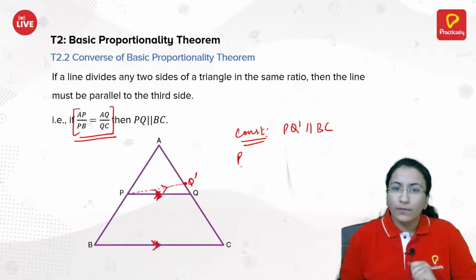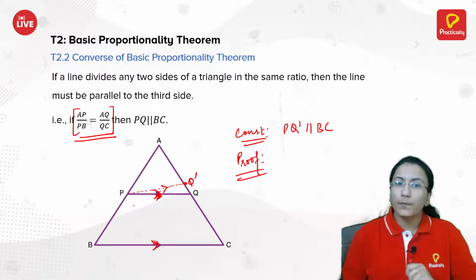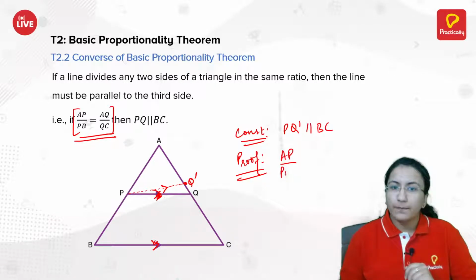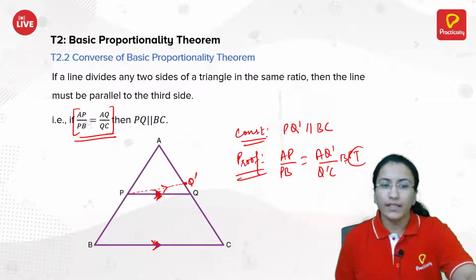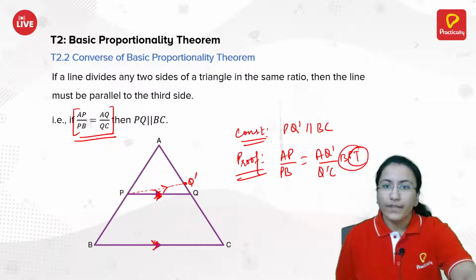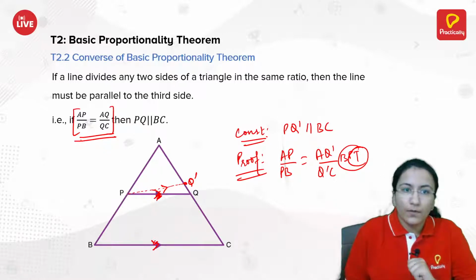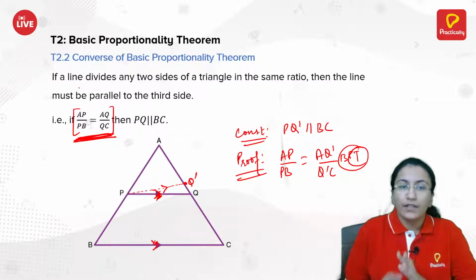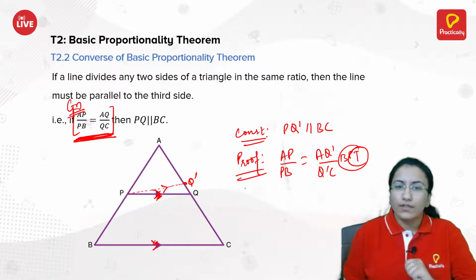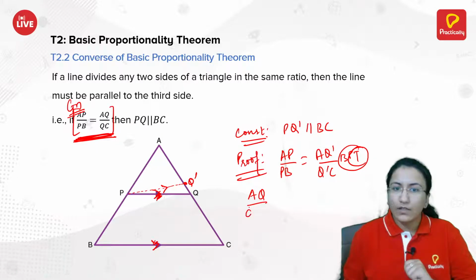So what would the proof next include? Now if PQ dash is parallel to BC, then using BPT, by the result of BPT, we have AP by PB equals AQ dash by Q dash C. Now this other result is a given statement to us. Comparing the LHS on both sides, we have the RHS to be equal.